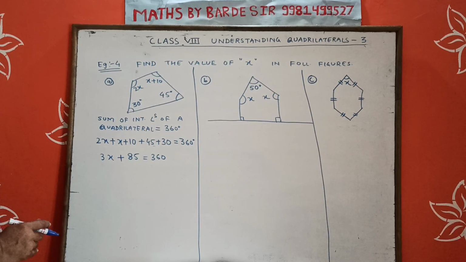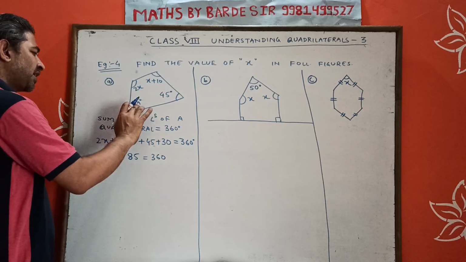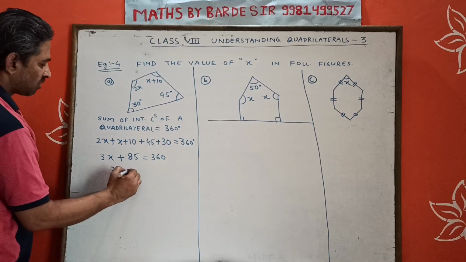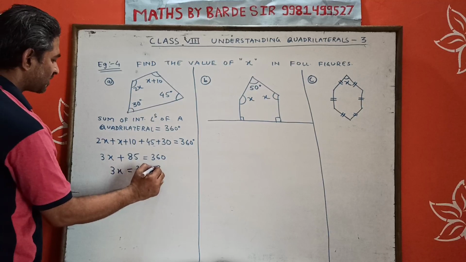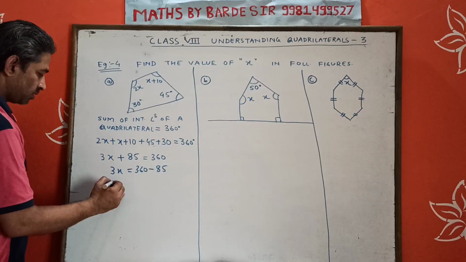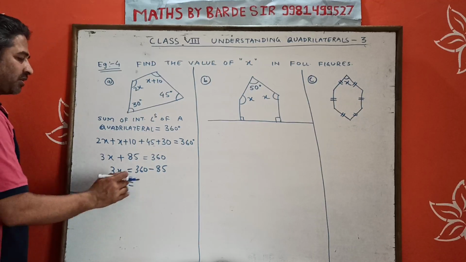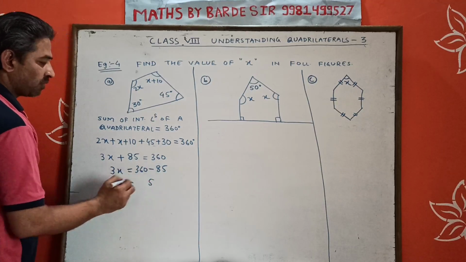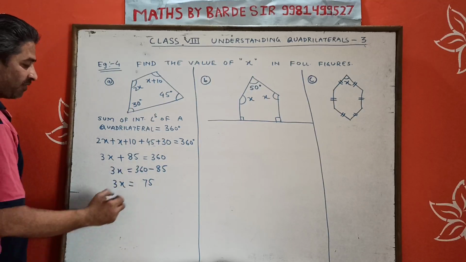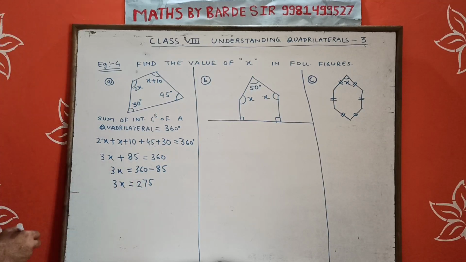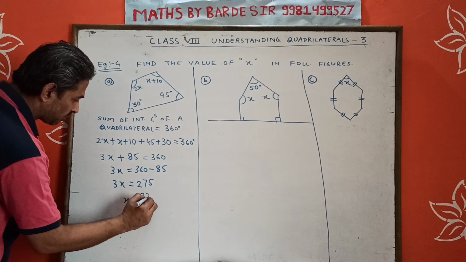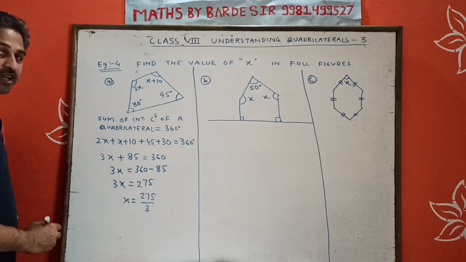So 3x is equal to 360 minus 85. So here we get 3x is equal to 275. Therefore, x is equal to 275 upon 3.